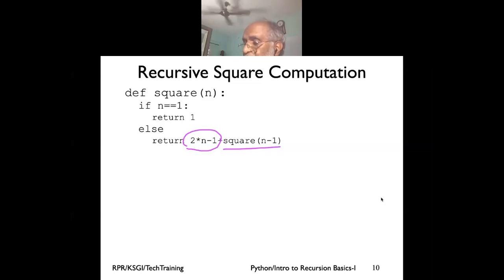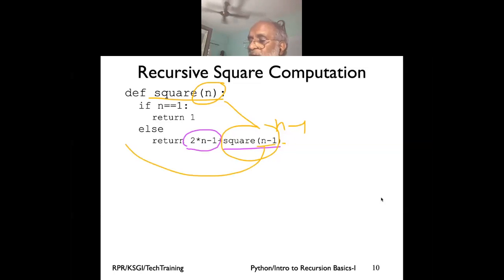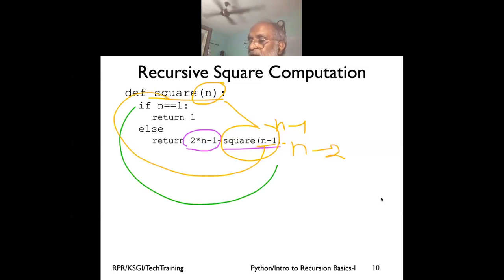I'm calling the same function square with a smaller size than this was. This is reducing my problem size. So my original problem of n has become my problem of n minus 1. It will call itself further with n minus 2, then n minus 3, till it becomes 1, and then I get the answer, and then keep building it.